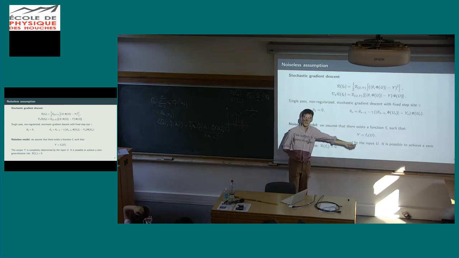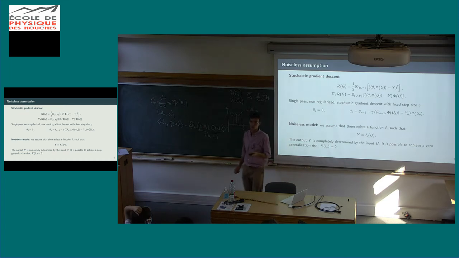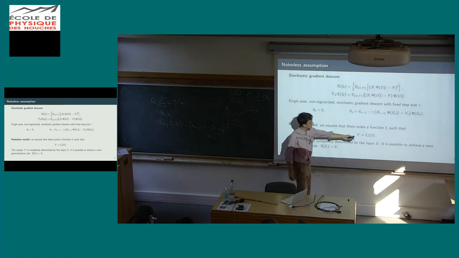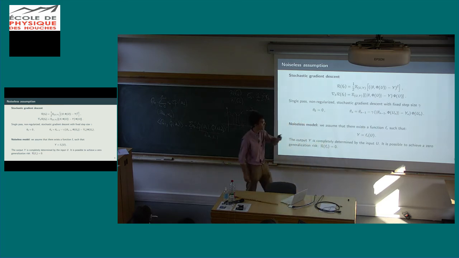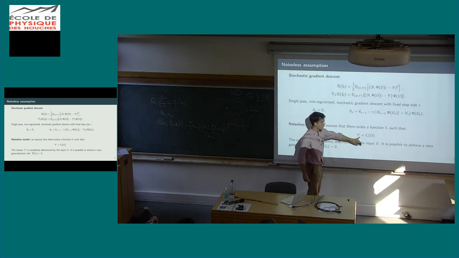The problem is that this function is very complicated. So what you want to understand is how the complexity of this function makes the learning process difficult. But the difficulty doesn't come from additive noise, or from ambiguity, a noise on top of f star of u.